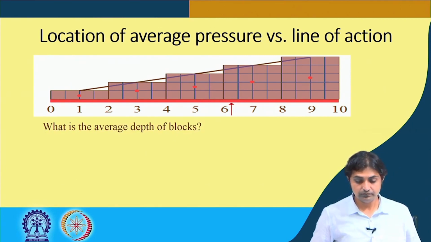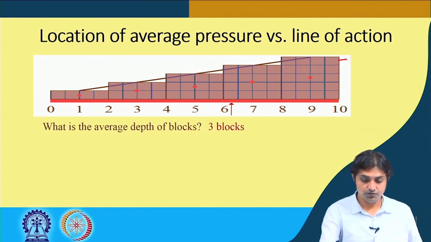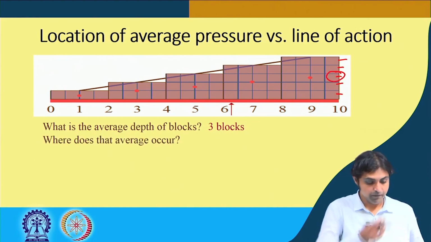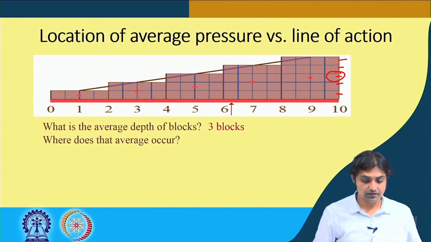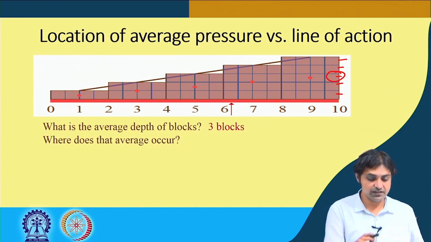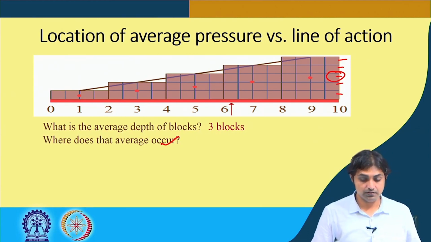Anyone? Tell me, what is the average depth? So this is 1, 2, 3, 4, 5. So what is the average depth? 3, right? Where does this average occur? Tell me, where is this average occurring? The depth, tell me.